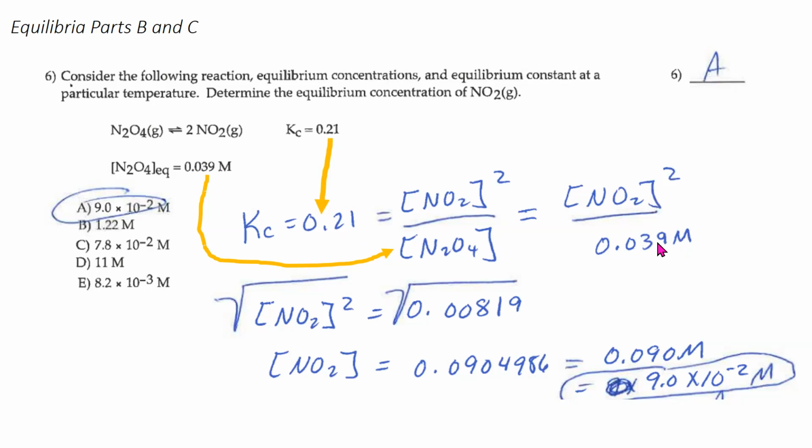I'm going to multiply both sides by the 0.039, and that's where I'm getting the 0.00819. Because this is squared, I'm going to take the square root of both sides so that I can get just the concentration of the NO2. When I take the square root of the 0.00819, I'm getting 9 times 10 to the minus 2. And so that's how I'm getting A for question 6.